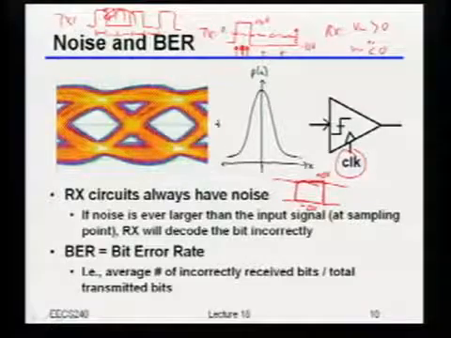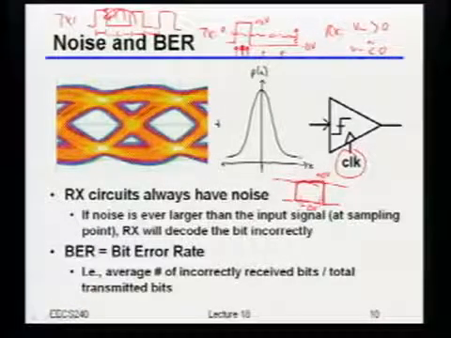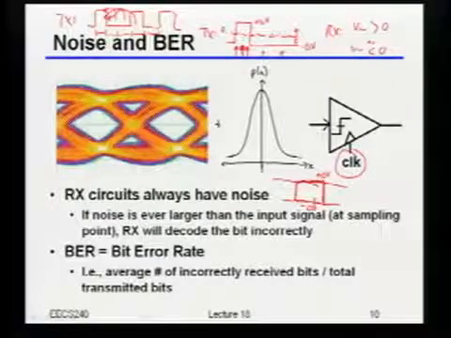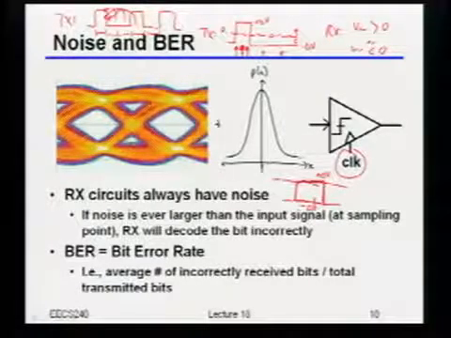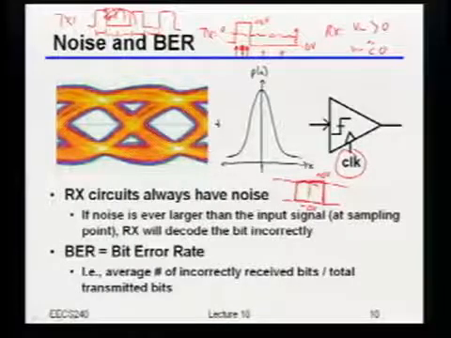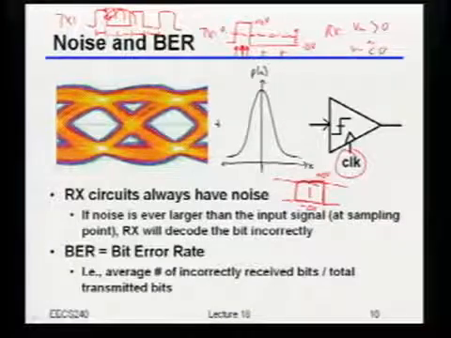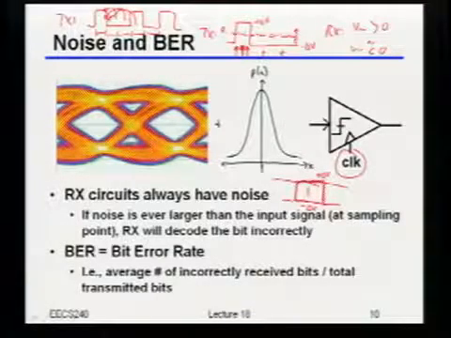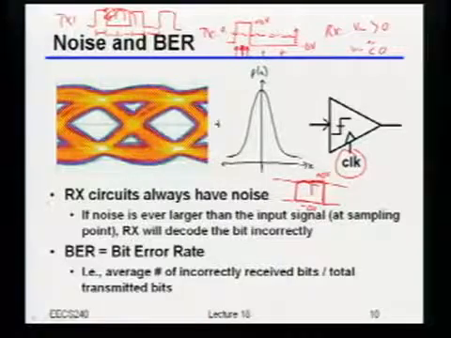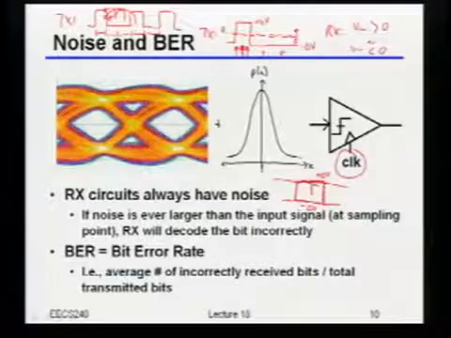In other words, as long as my receiver samples anywhere within this time window, it should get the right answer. And as long as its noise is smaller than what's inside of this box, it should also get the right answer. In other words, the more white space there is in the center here, the more garbage I can tolerate in the receiver, okay?